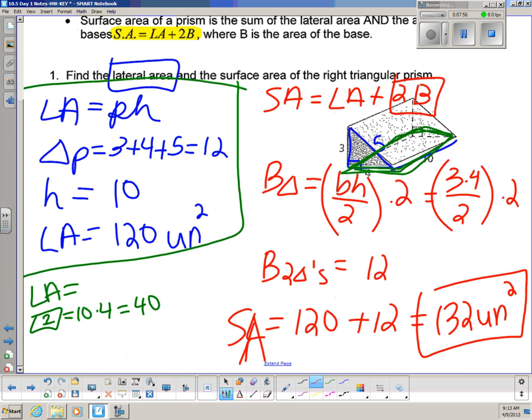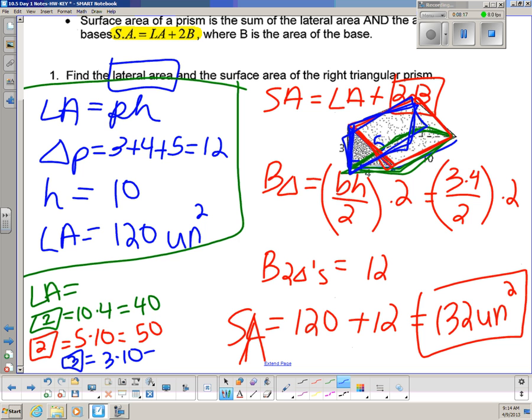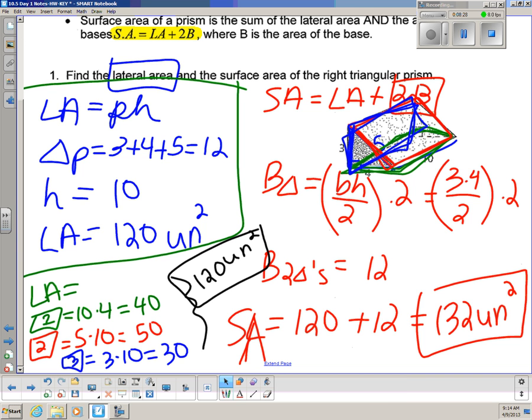I could take rectangle 2, this side rectangle, which is 5 by 10, which is 50. And then all the way on this back rectangle, rectangle 3, it's 3 by 10. That's 30. And when you add up all of those, 50 plus 40 plus 30, you still get 120 units squared. So you need to decide whether you'd rather go by the formula, P times h, or you want to actually find the areas of each particular rectangle and add them up.